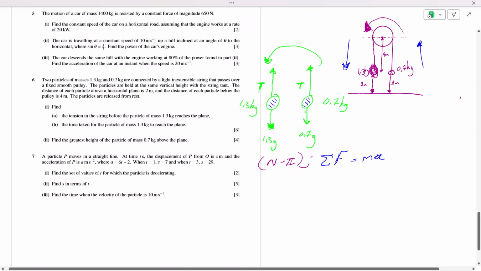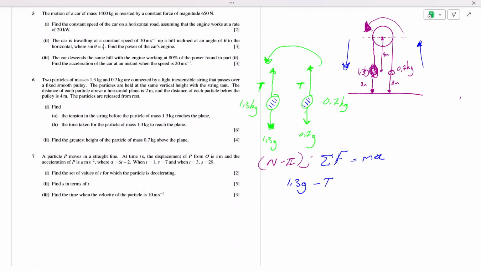So for the 1.3 kg mass, it's going to be 1.3g minus T, right? Since the 1.3 kg mass is going to be moving down, that means it's going to outweigh the force that is opposing that motion, which is T, and that's going to result in an acceleration. Therefore, it is equal to the mass, which is 1.3, multiplied by the acceleration that we don't know. Right, that's our equation 1.